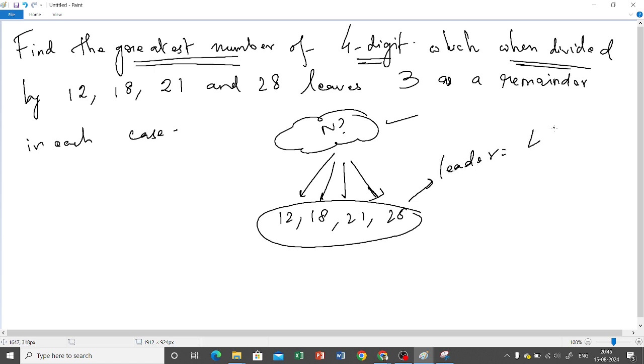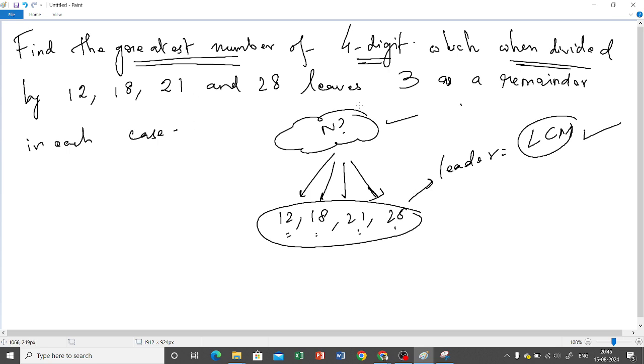And who is the leader? The leader is LCM. Why? Because LCM is a number which is exactly divisible by each of these numbers, that means leaving remainder 0. And if any number is divisible by the LCM, then that number is divisible by each of these numbers as well.